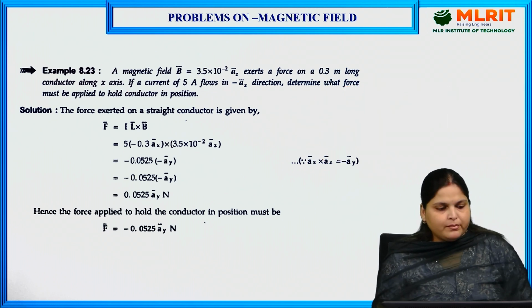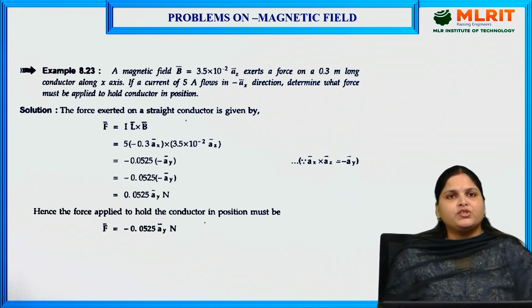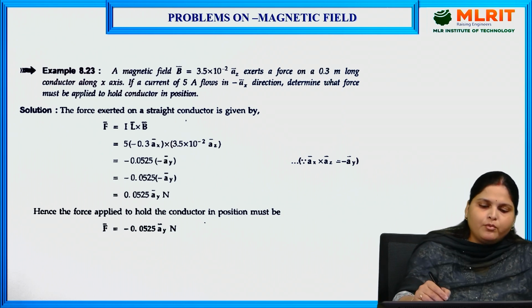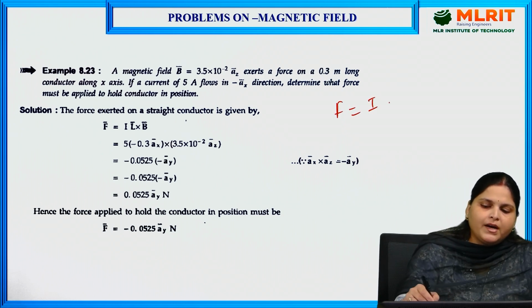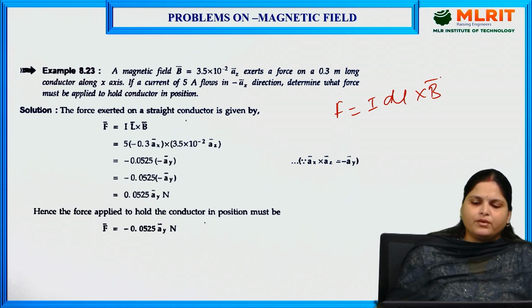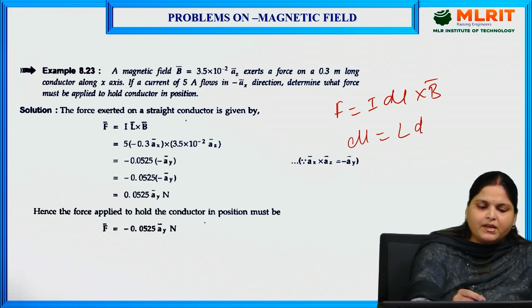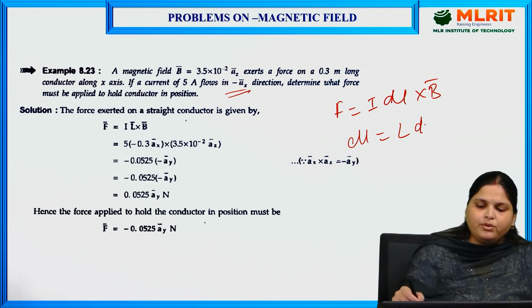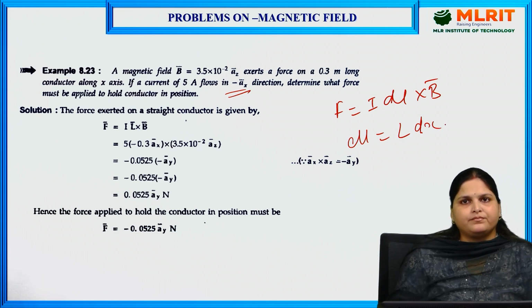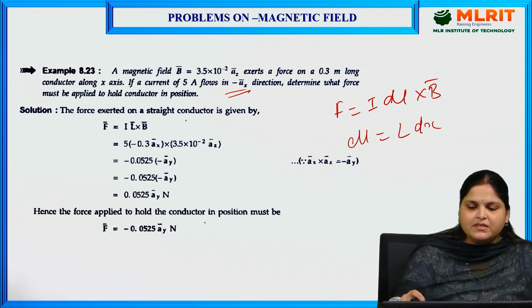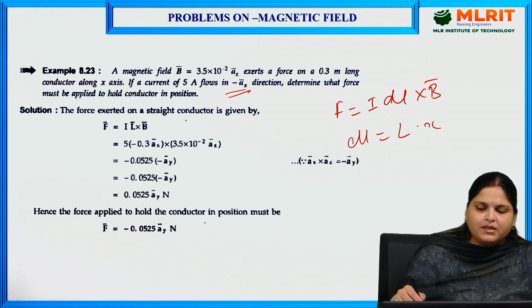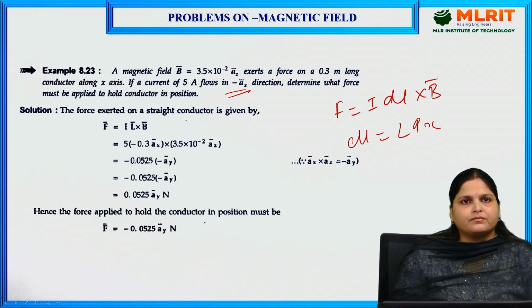So this question belongs to force on a differential current element, and the formula is F is equal to I dl cross B, where dl is equal to L dx. Here the direction is ax, so L dx means ax will come here, right?